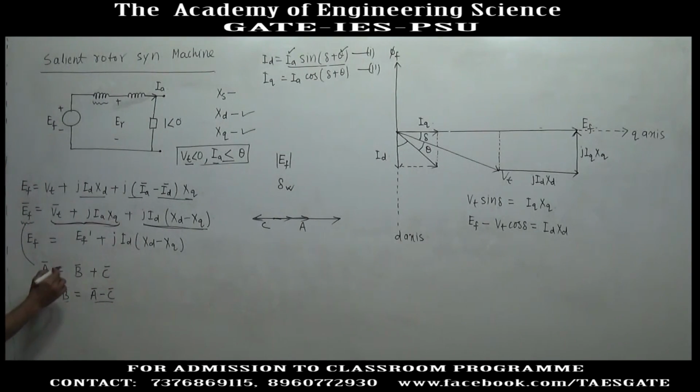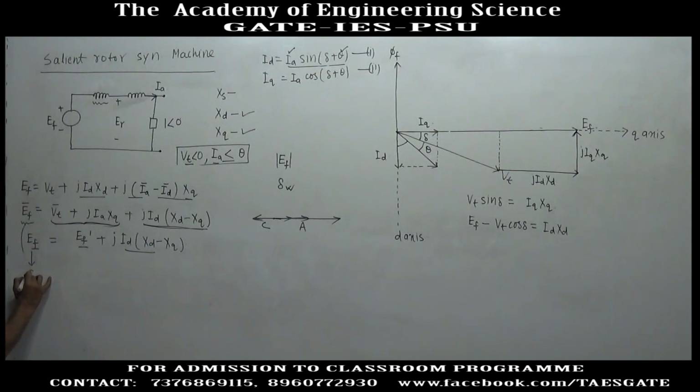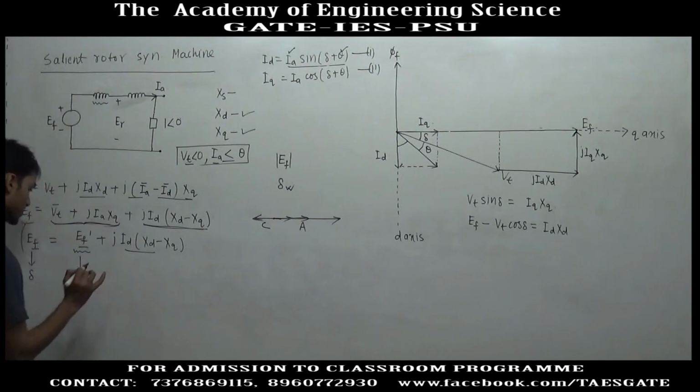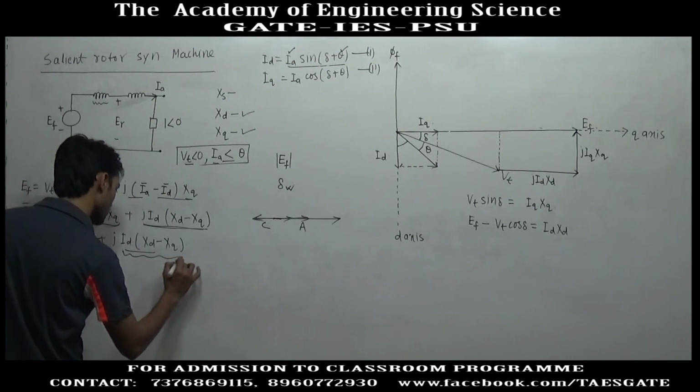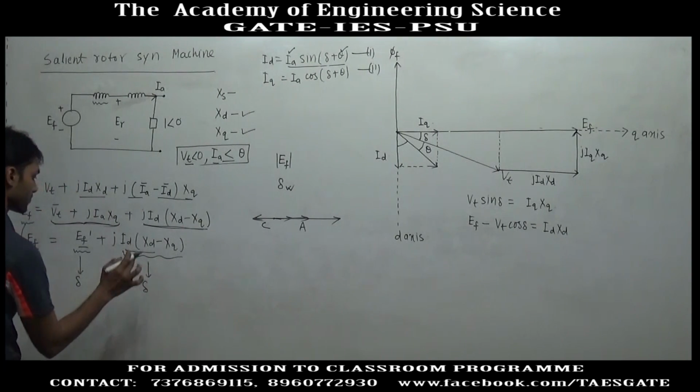So if we have to operate on three vectors and two of them are collinear, then the third vector will also be collinear. So if these three vectors are collinear, EF has angle delta, then EF dash will also have angle delta with respect to Vt.